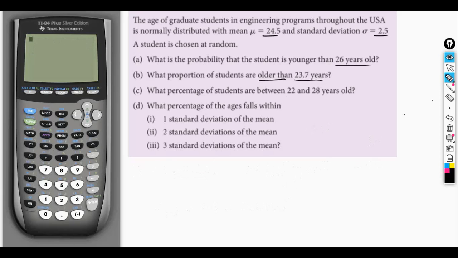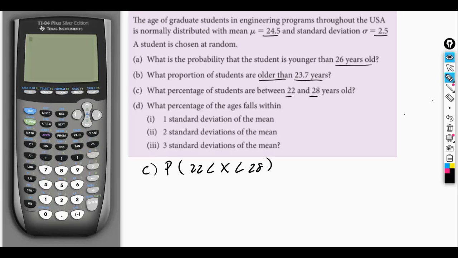So now let's do part C. For part C, they ask, what percentage of students are between 22 and 28 years old? So that means the probability that the random variable x is between 22 and 28. But again, let's standardize this.